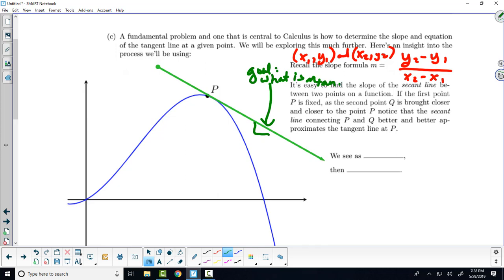For the slope of the tangent line, I'm going to abbreviate that as an m with the subscript tan on it. Sorry, you guys are having a hard time reading that. I'm just going to recopy it. Our goal is to find the slope of that tangent line.